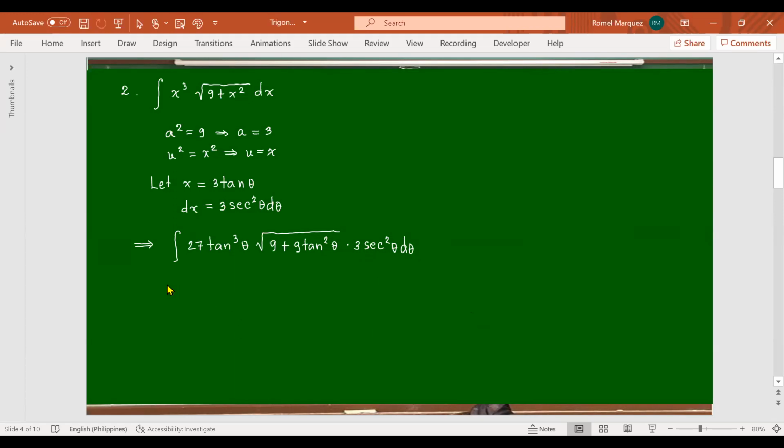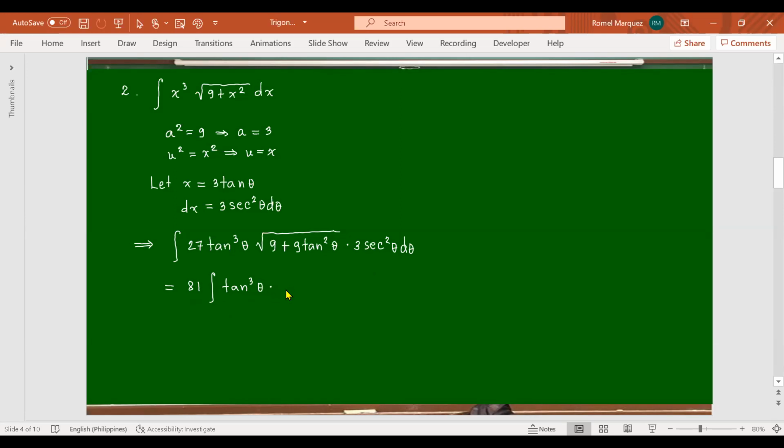So let's now simplify. 27 times 3, that is equal to what, guys? 27 times 3 is 81. Let's put it out. Then the integral of tangent cubed theta.